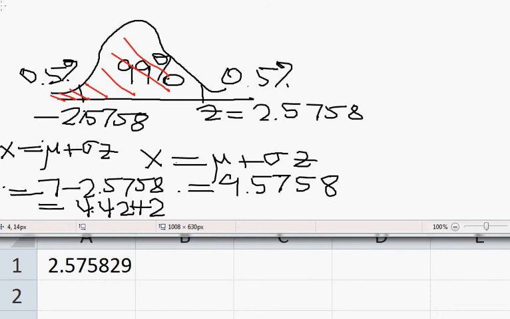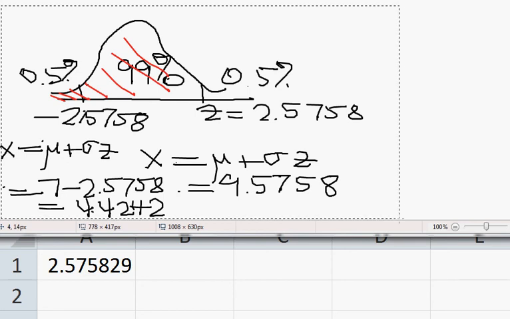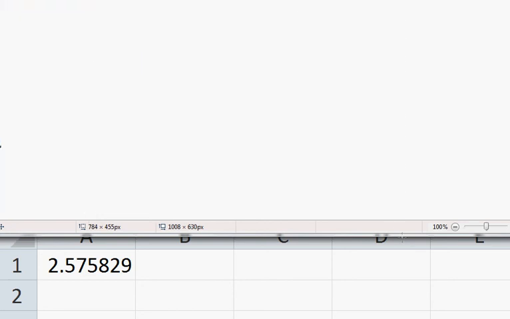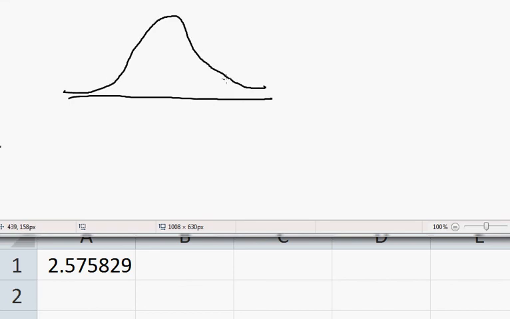Part C of this problem concerned that 2% of the customers will have sizes greater than something. So I want the area to the right this time to be equal to 2%.